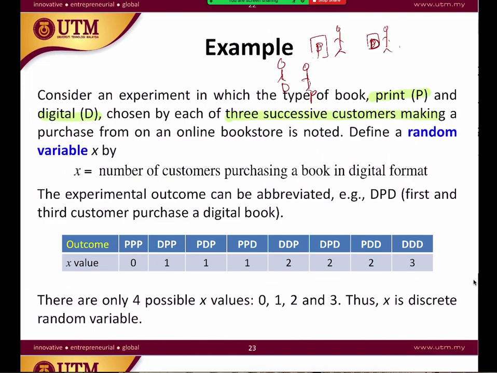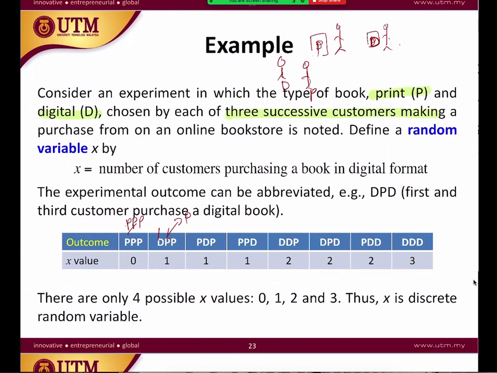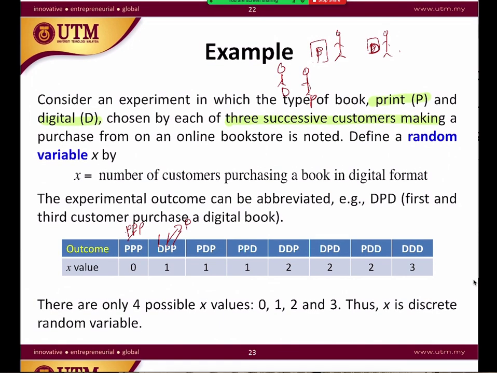Either all 3 customers will buy a printed book each, customer 1, 2 and 3, or the queue of successive customers may be: the first customer buys digital, the second printed, the third printed.